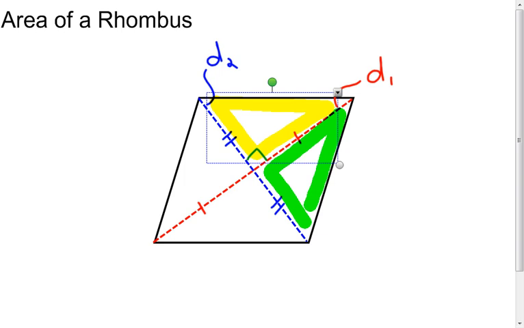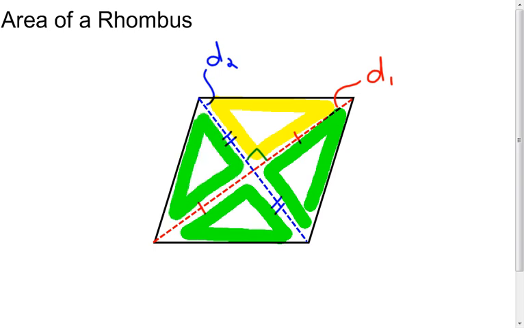Both triangles are going to have the right angle, the green right angle symbol in there, and both triangles have the double ticks. So side angle side tells me they're congruent. But I could keep going on, and I know that the yellow triangle is congruent to this triangle as well, and it's congruent to this triangle. Which basically tells me if I could find the area of this yellow triangle, multiply it by 4, I'd have the area of the whole rhombus.